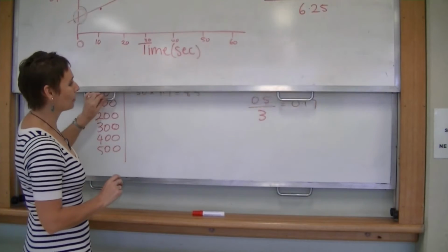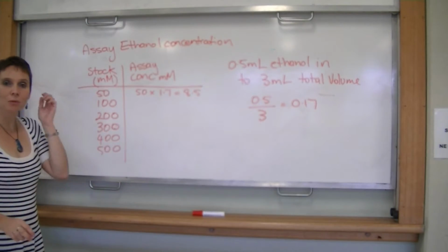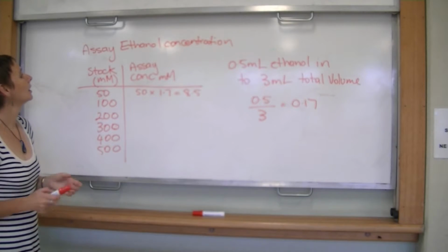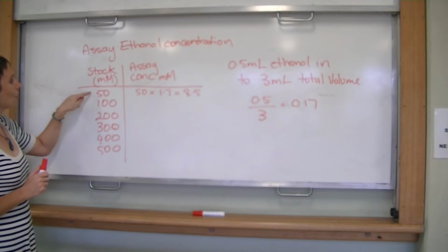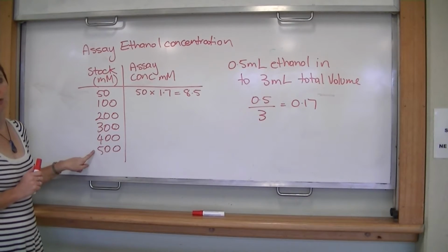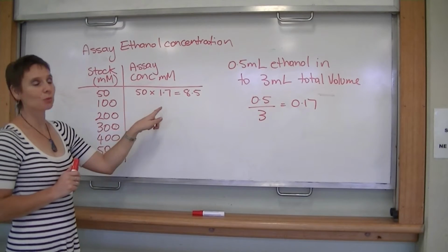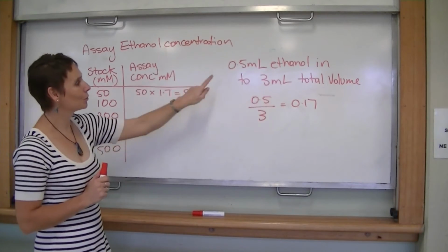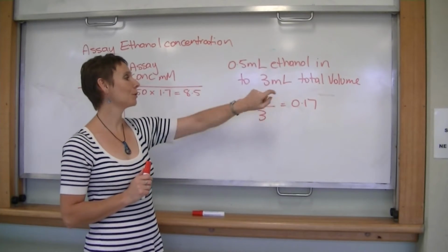The next thing that people might get a bit confused about is how do we work out the assay ethanol concentration. You had a stock solution of 50, 100, 200, 300, 400 and 500 millimolar ethanol. But we did a dilution because we only put 0.5 mils of that ethanol into our total volume of 3 mils.